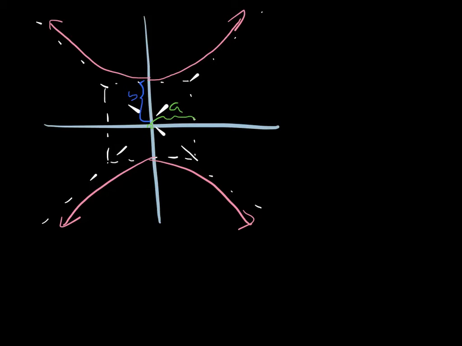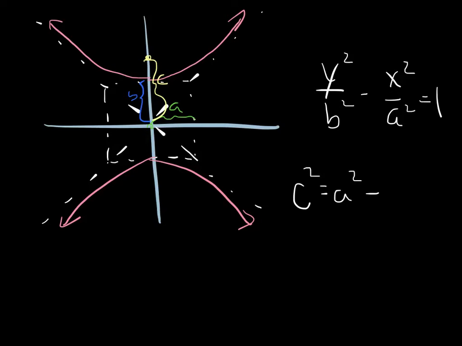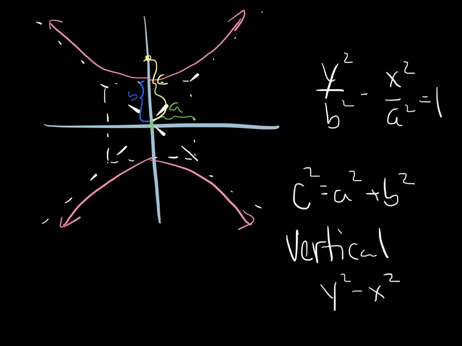And then C, we'll note, again, is the distance from the focus to the center. The form of this equation is y squared over b squared minus x squared over a squared equals 1. And again, c squared is equal to a squared plus b squared. This is a vertical hyperbola because it's y squared minus x squared. And remember, it's a hyperbola as opposed to an ellipse because we've got the subtraction.